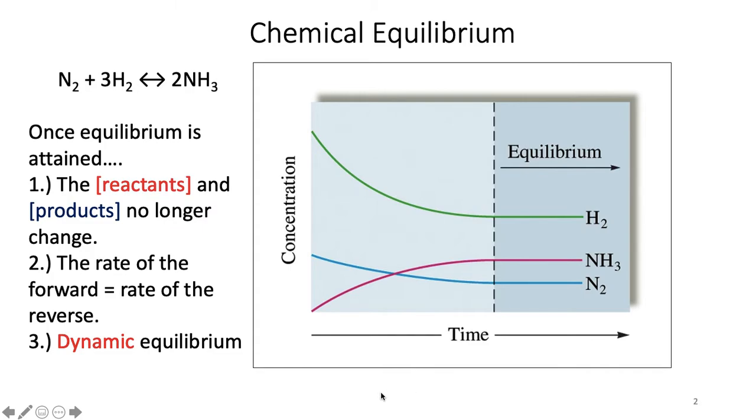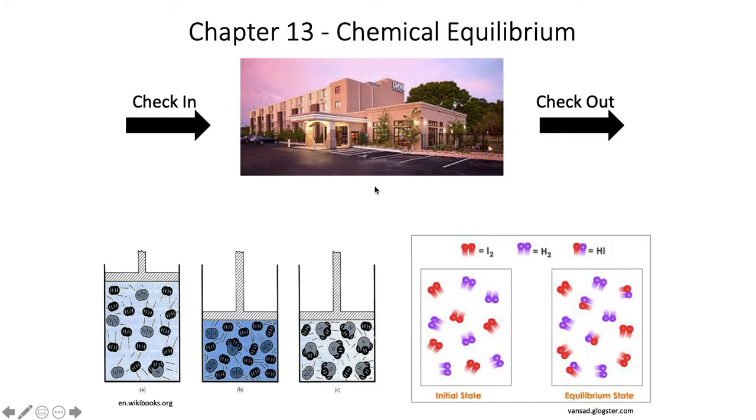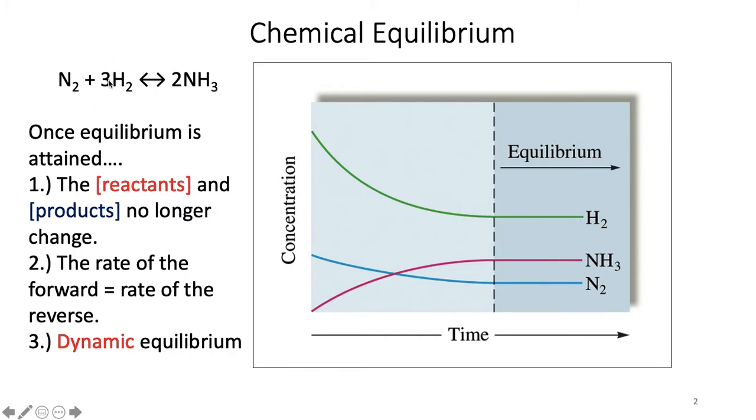They don't change, but it's not the same molecules over and over. Just like here, it's not the same guests that stay in, but the number of guests doesn't change. Similar to the idea here, it's not the same molecules of N2 or H2 that are constant, but it's the recycling of those that keeps the overall concentration of the reactants and products not changing.